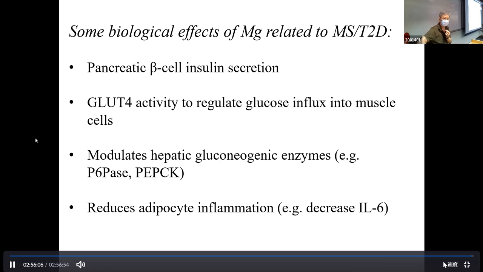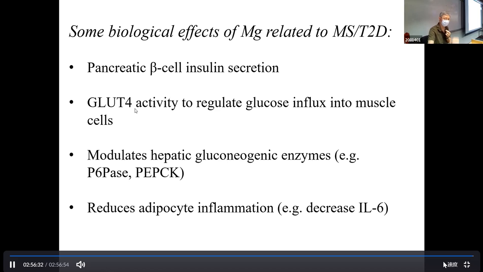Some biological effects of magnesium related to metabolic syndrome and T2D: magnesium, as said, has some impact on the insulin signaling pathway and or insulin secretion. It may affect GLUT4.